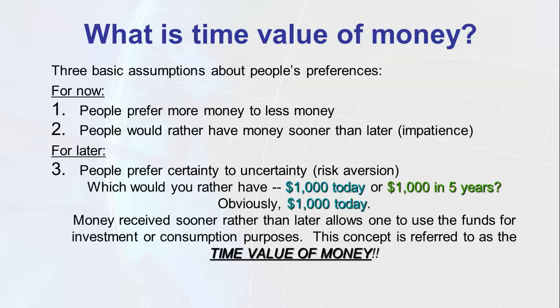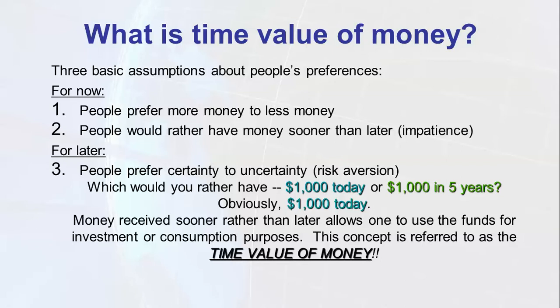Suppose you have a choice to get $1,000 today or $1,000 5 years from now. Obviously, anybody will choose $1,000 today. You don't have to do any time value of money computation, but think about those assumptions.